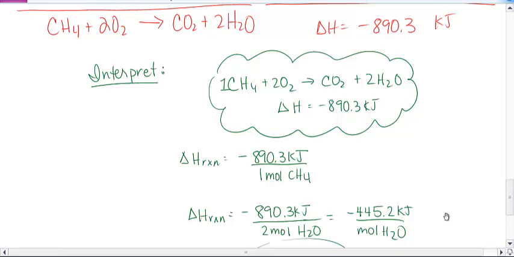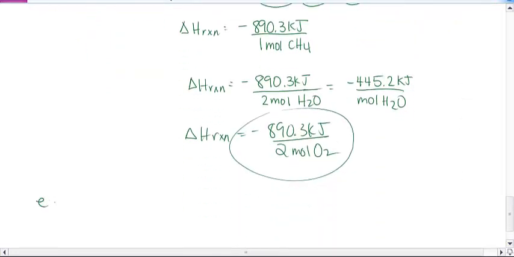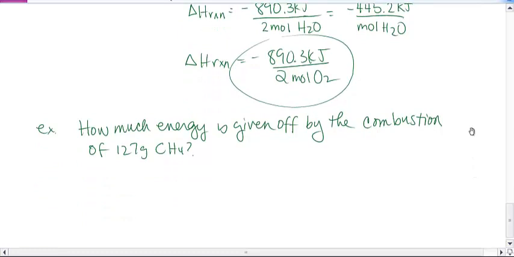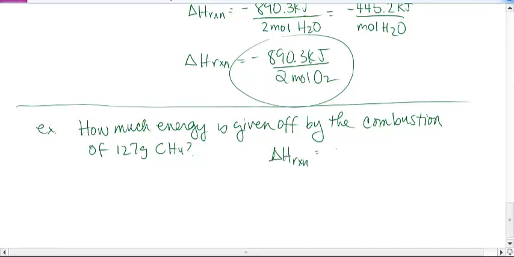Okay? So if I had a problem, just as an example, and the question was how much energy is given off by the combustion of 127 grams of methane, and I already knew that delta H for the reaction was negative 890.3 kilojoules per 1 mole of methane, because that came from the balanced equation.